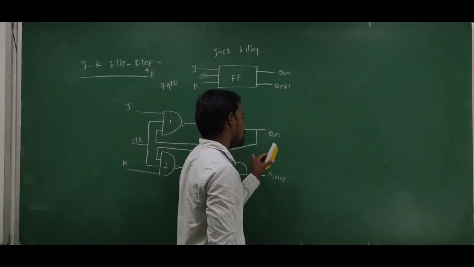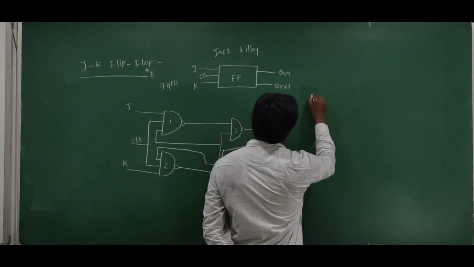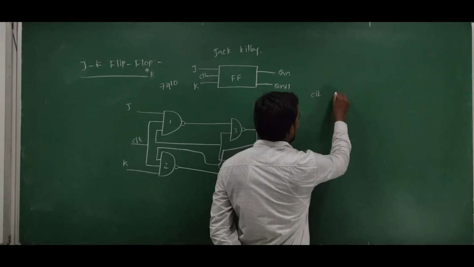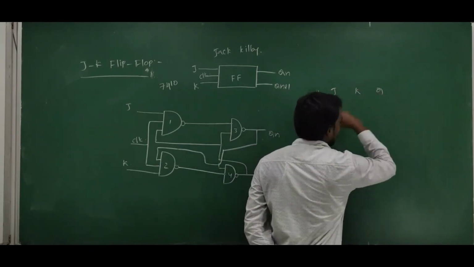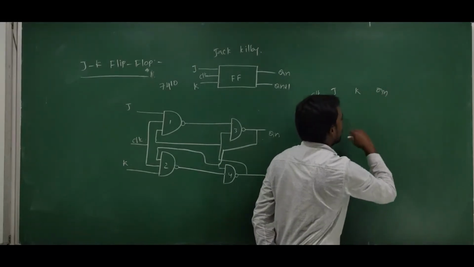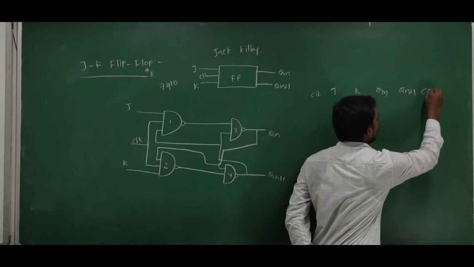Coming to the truth table of the JK flip-flop: clock signal input, J input, K input and Qn plus 1, and here the comment.